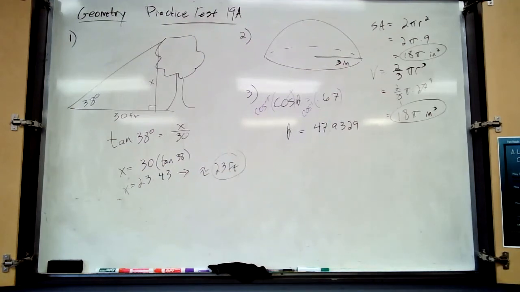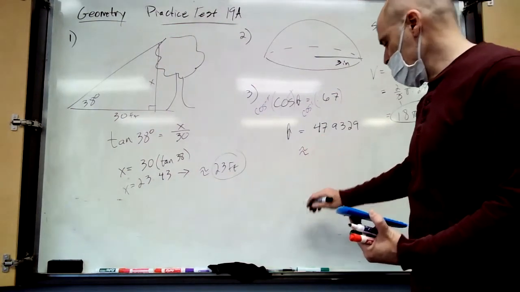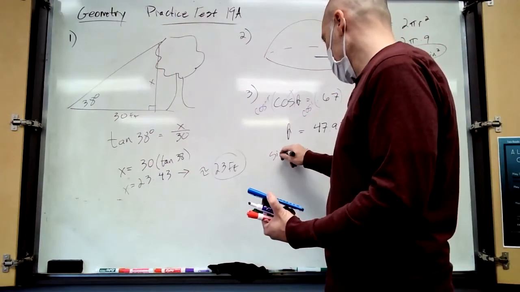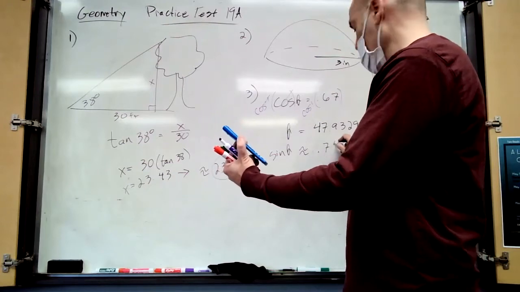So find sine of theta. Now we have theta, so how do you find sine of theta? We'll plug that sucker in. So I'm going to go sine of the answer. Okay, so now if I find the sine of theta, I'm going to round it to the nearest hundredth, so 0.74.